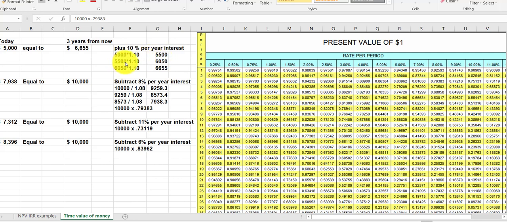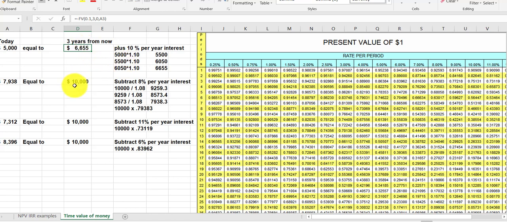Then you take the 5,500, multiply it by 1.1, get 6,050, multiply that by 1.1 and get 6,655. And if we were to use the future value formula in Excel, we'd come to the same amount. That's what it's doing. It is a shortcut to do this whole process.